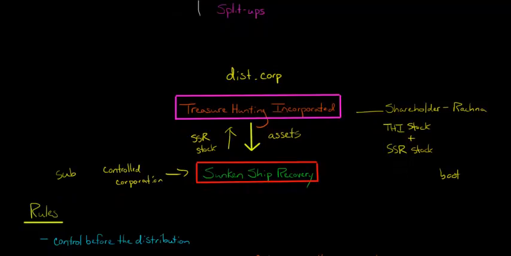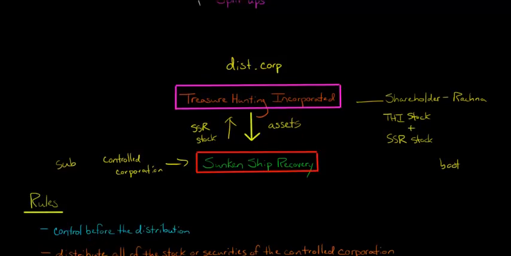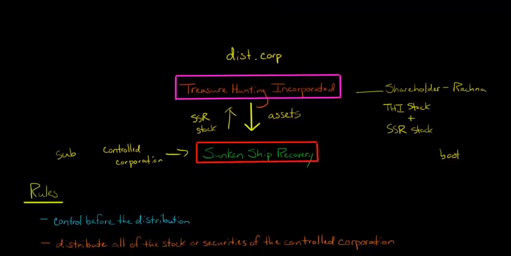One is that the distributing corporation, in this case Treasure Hunting Incorporated, has to have control of Sunken Ship Recovery immediately before the distribution. Another rule is that Treasure Hunting Incorporated has to distribute all of the stock or the securities of the controlled corporation that they're receiving.